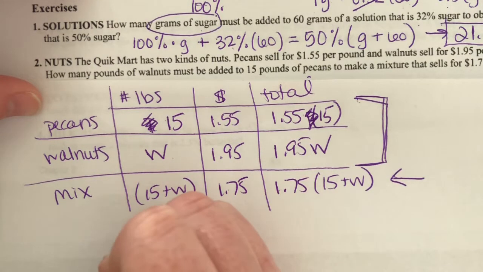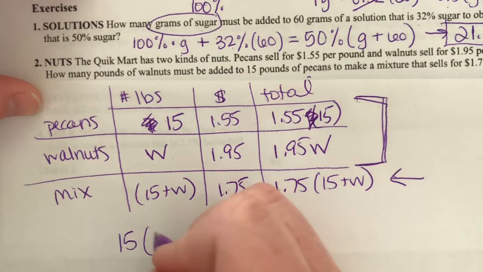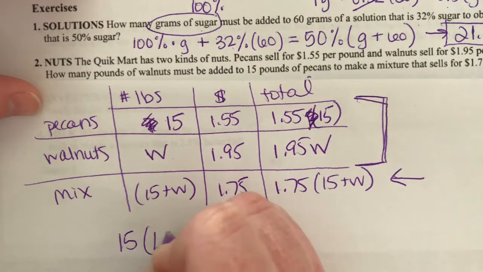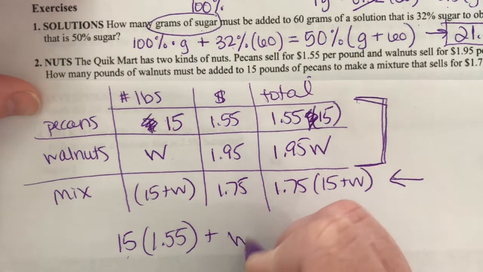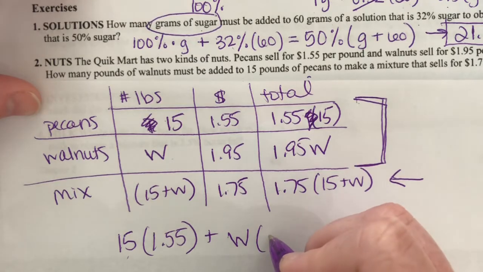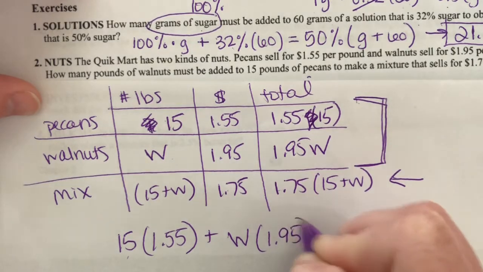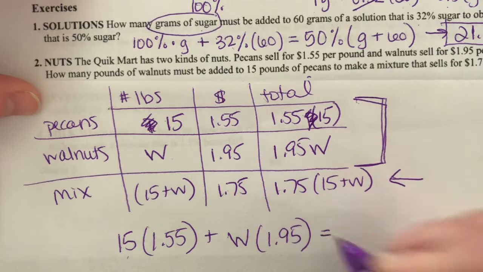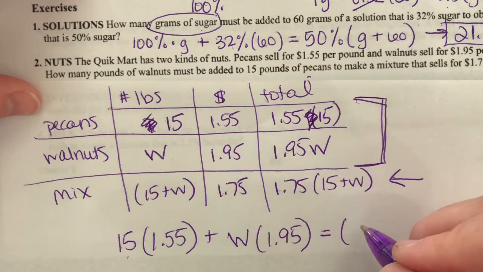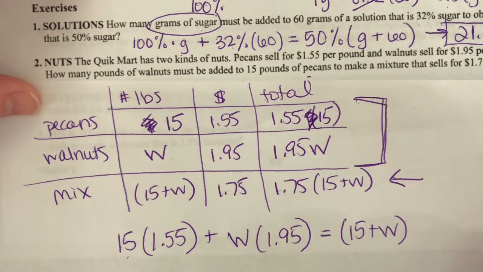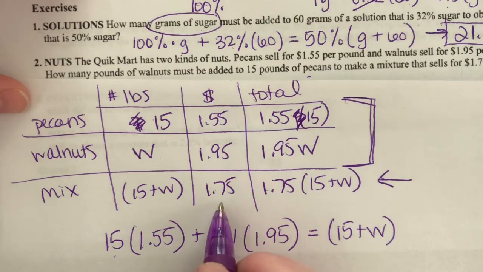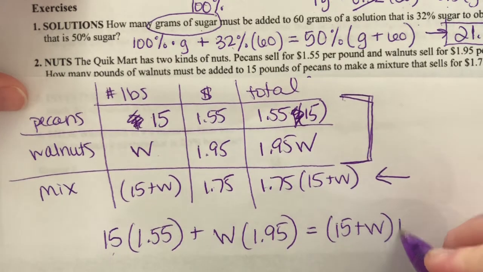So 15 pounds of pecans, which are $1.55 per pound, times 15 pounds, plus how many pounds of walnuts, we don't know yet, that's what we're solving for, which are $1.95 per pound, gives us walnuts plus pecans, the pounds that we bought, right? I don't know how many that is total, times, and then it says it has to be $1.75 per pound for the whole thing.